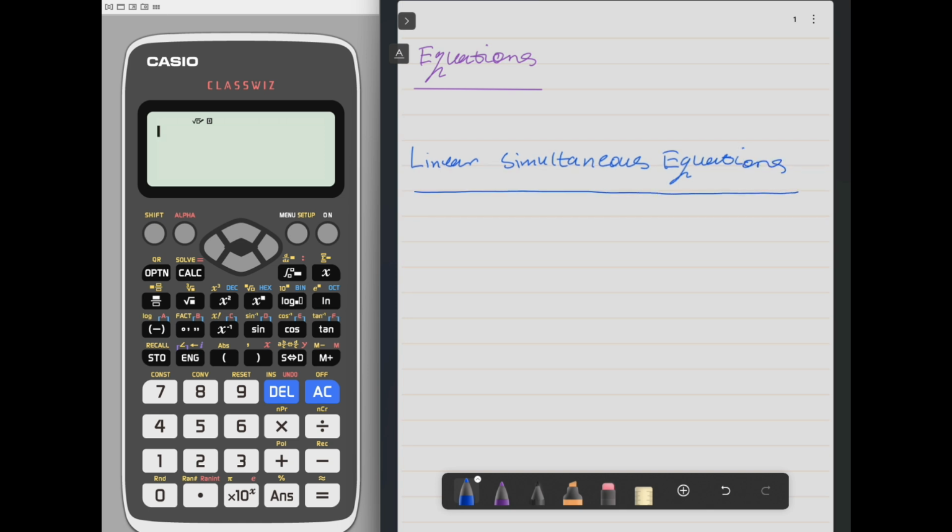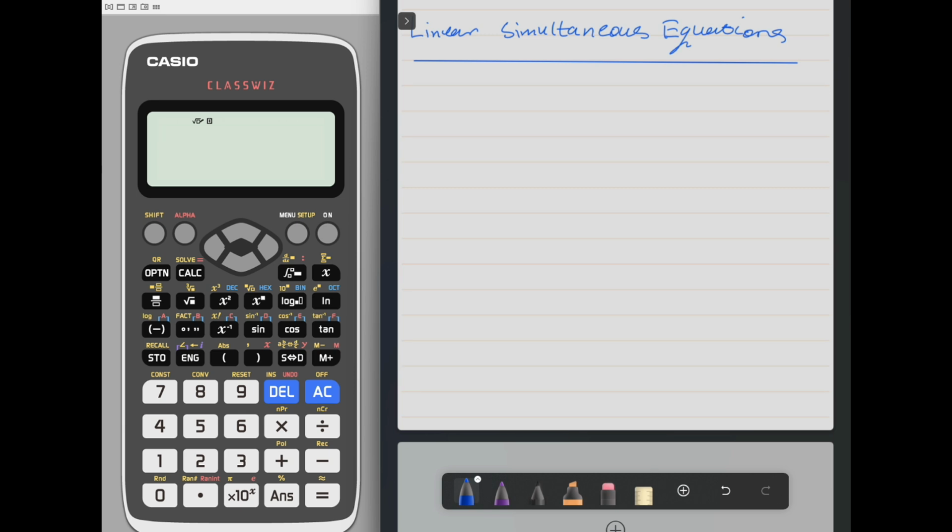Okay, let me underline it as well. Beautiful. So whatever that you need to know, guys, well, how do we solve it? By 2 ways, guys: elimination or substitution.